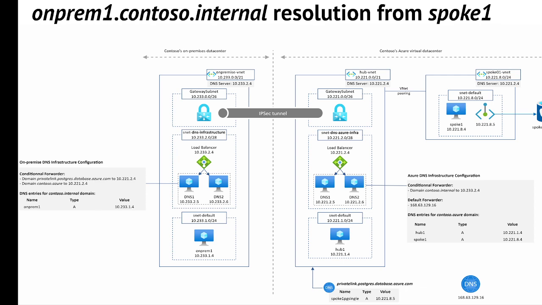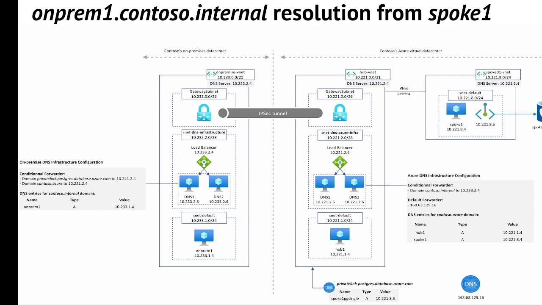Spoke one sends the query to the DNS load balance in the hub, as defined in the DNS setting of the spoke VNet. Maybe you have spoke two or spoke three in your design or architecture. But if you have one spoke here, spoke one will send the query to the DNS load balance here, as you see.